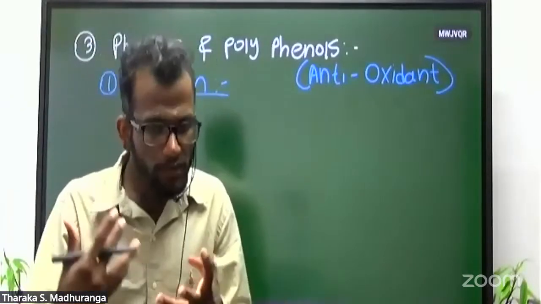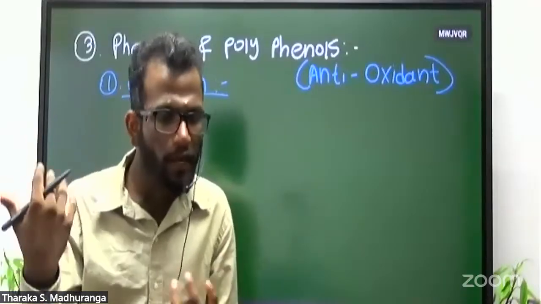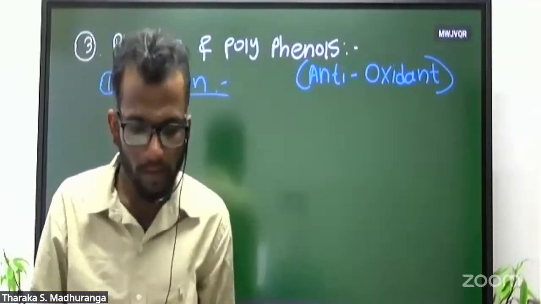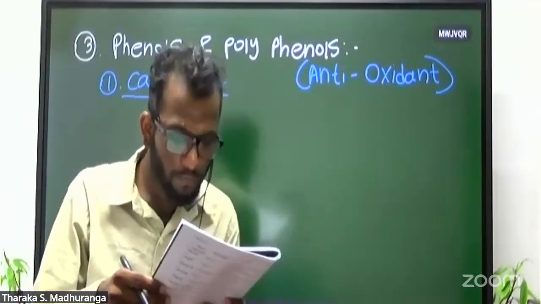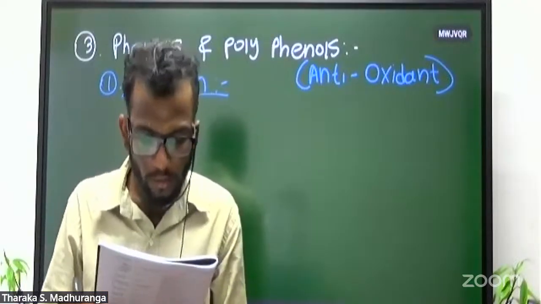Antioxidant means we can avoid reacting with oxygen and avoid oxygen damage. That's the meaning. I have given what antioxidant means with diagrams, you can go through them.